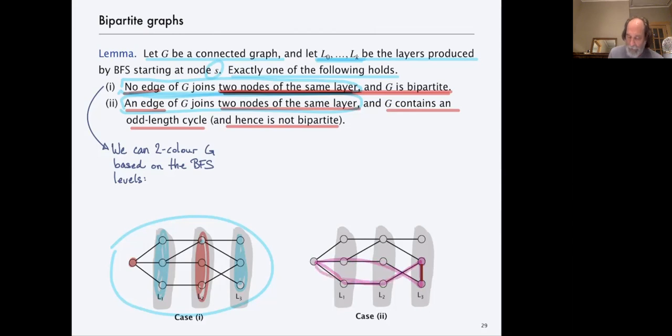This path has the same length. So you take those two and you have a path of even length, and then you add this edge that joins the two nodes on level 3, and you have a cycle of odd length. So obviously in this case, the graph is not bipartite.